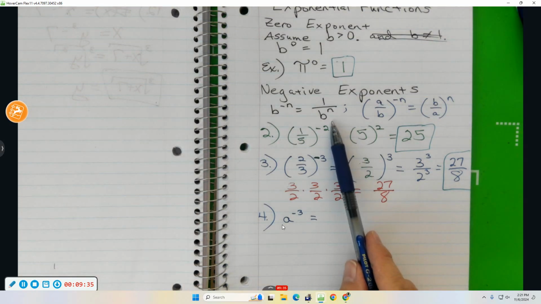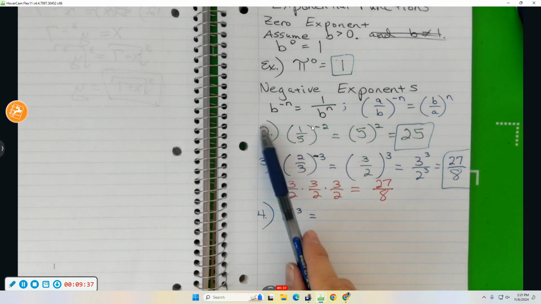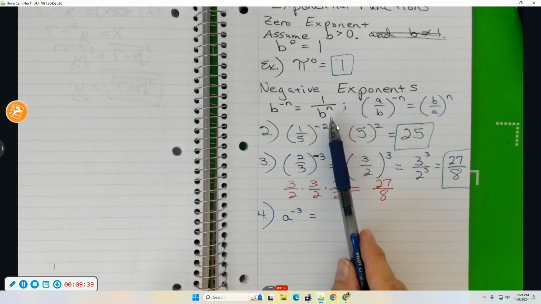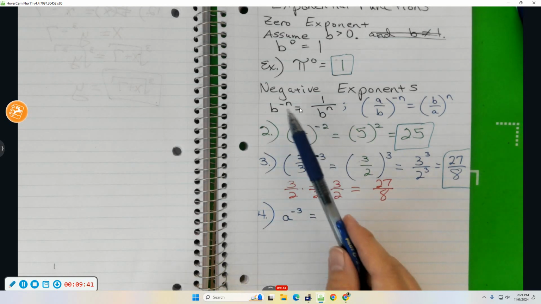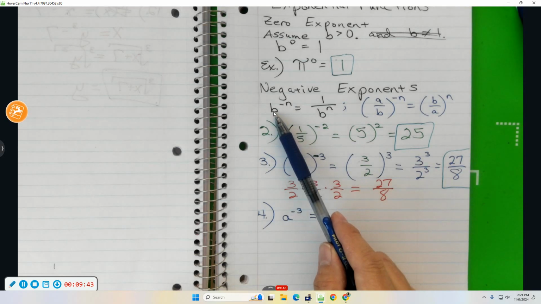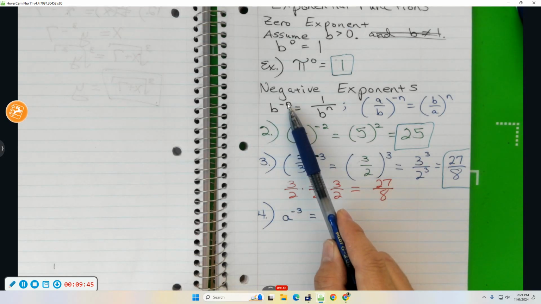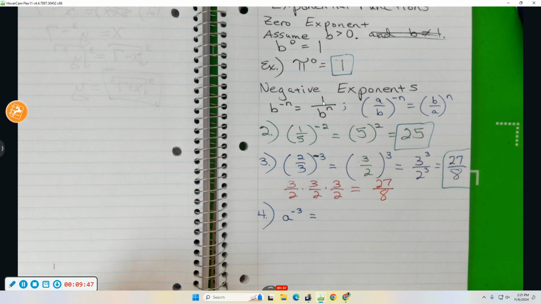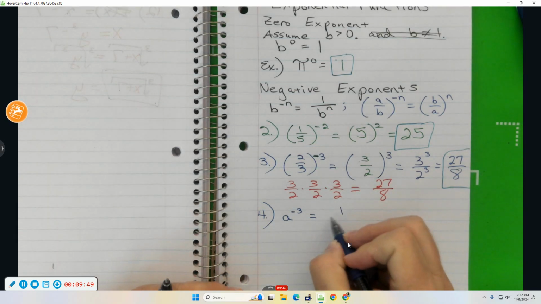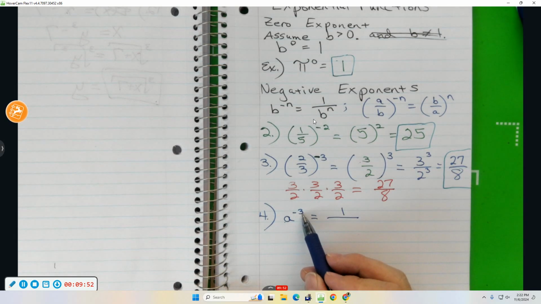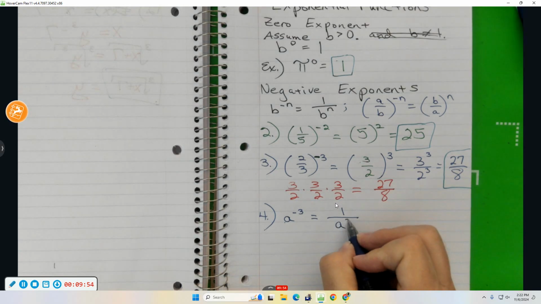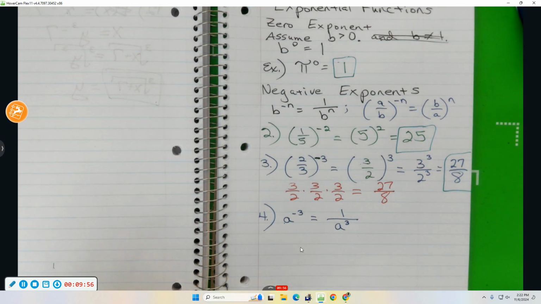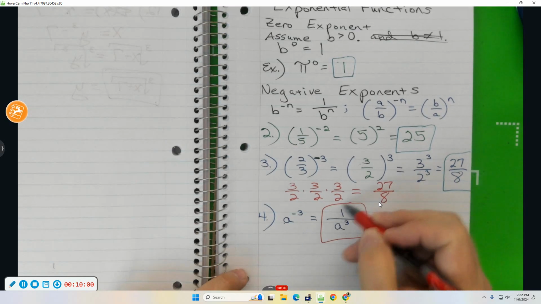I think it's this first statement I wrote involving negative exponents. You have something that's not a fraction raised to a negative exponent. That becomes 1 over a to the positive 3. This negative here is that 1 over.